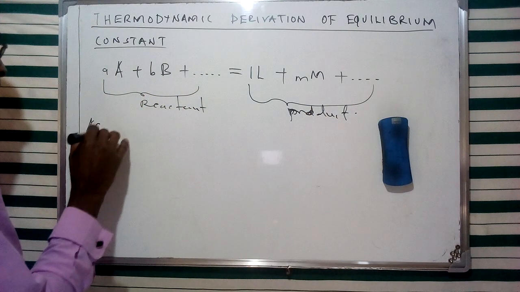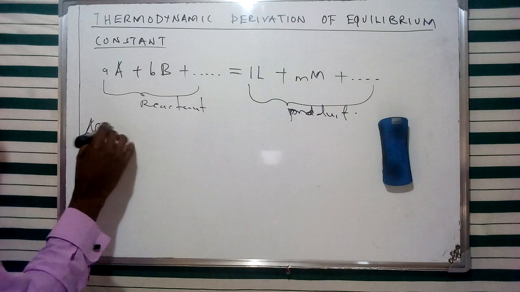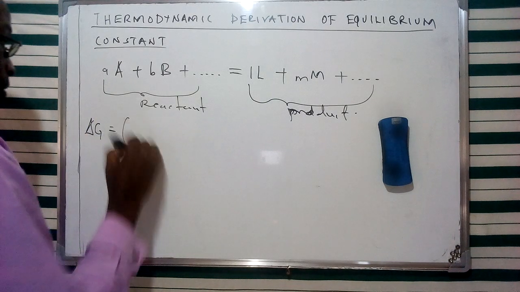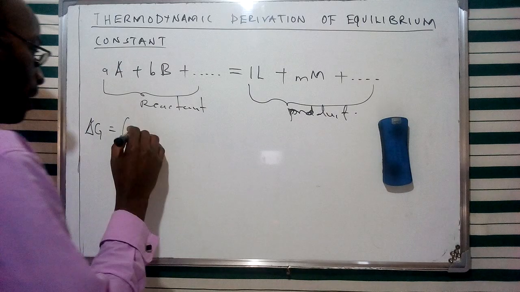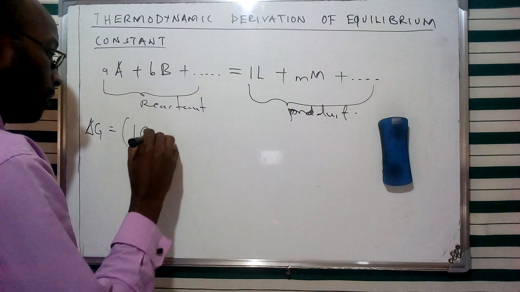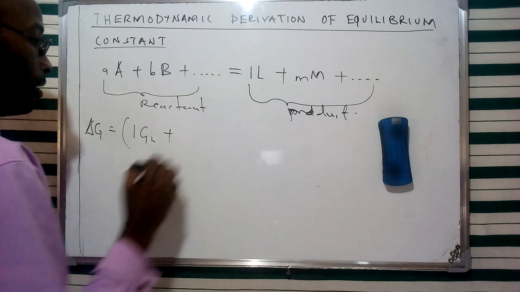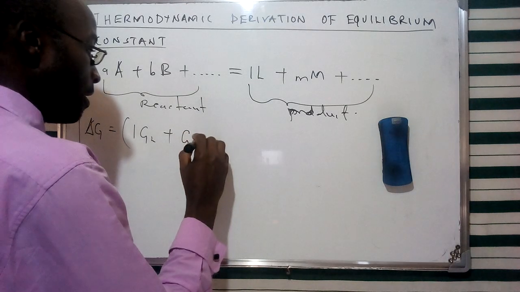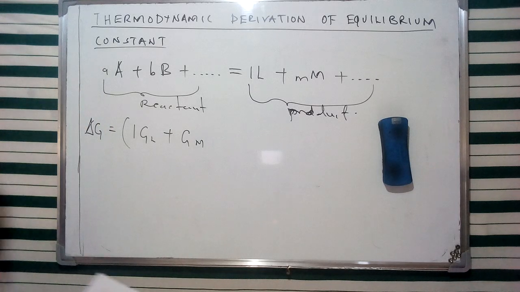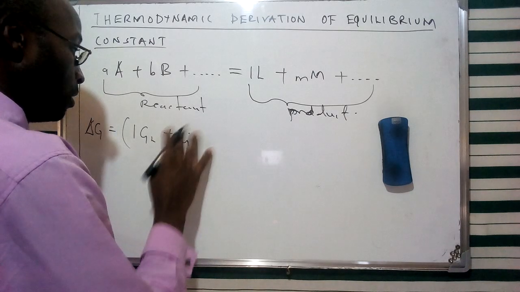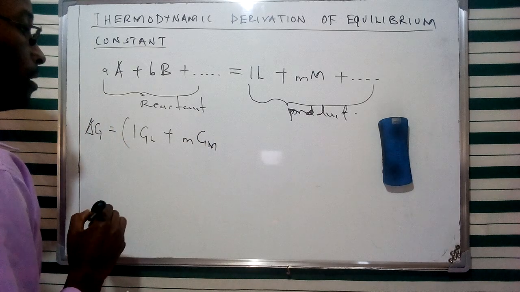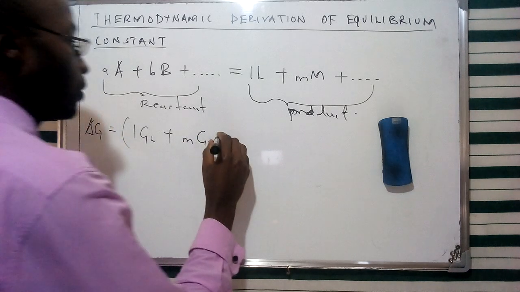We can describe the Gibbs free energy of these two sides, the reactants and the products, in terms of the coefficient l times G of L, plus the coefficient of a small m times the Gibbs free energy of capital M.